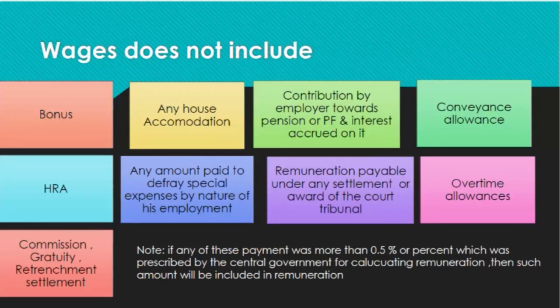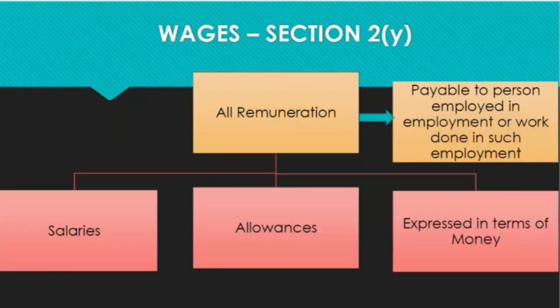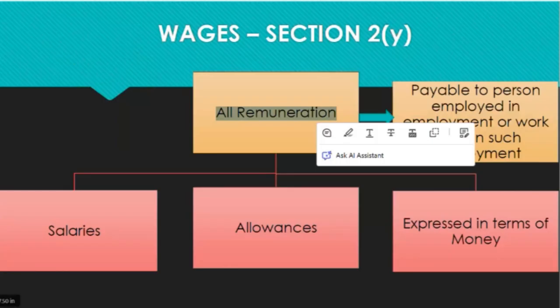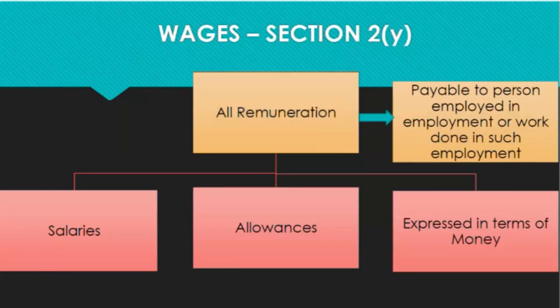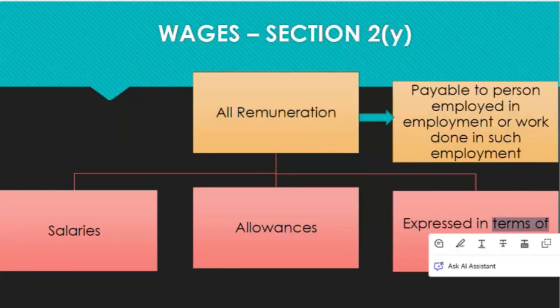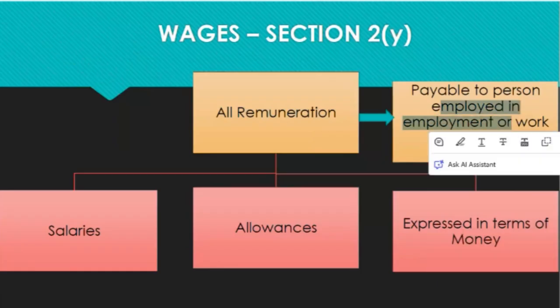Is the wage definition clear? This is very important. You can get a question on what is wages as per Code of Wages Act. What is included and what is excluded. Okay, so you will have to write all this. Remuneration in the form of salary and allowances that can be expressed in monetary terms, payable in course of employment.